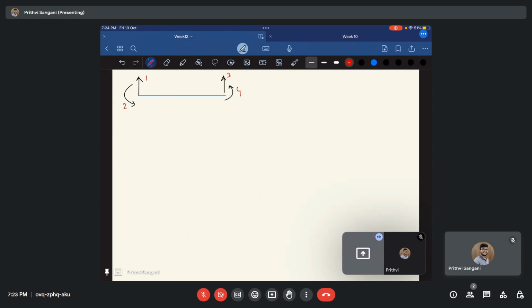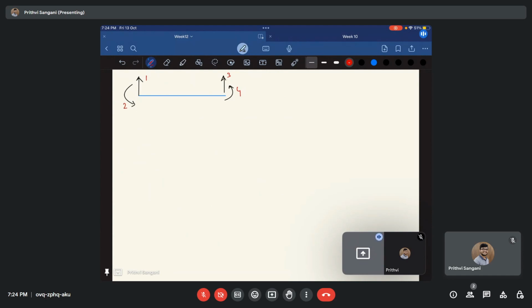Now by the definition of the stiffness matrix, what is the stiffness? Stiffness is the force in the member due to a unit displacement, right? So we have 4 different types of displacements possible in this member. One is along direction 1.